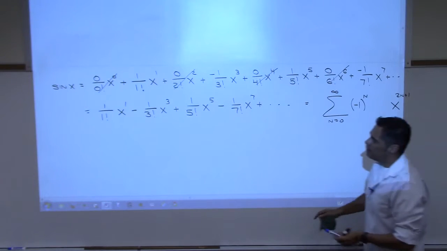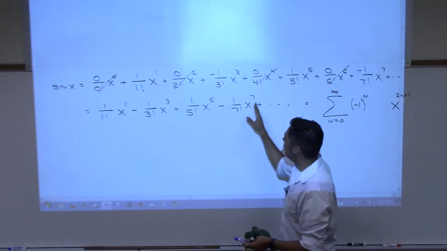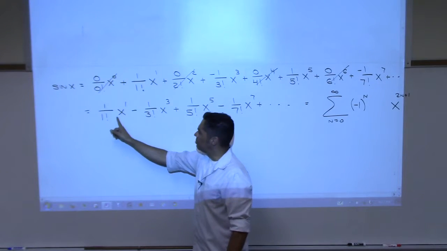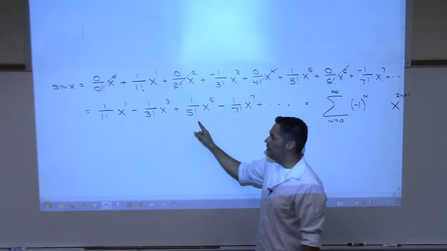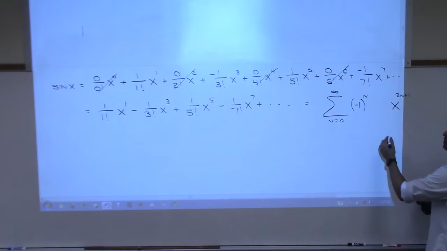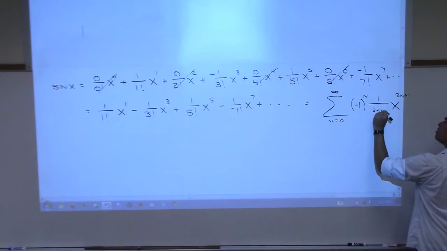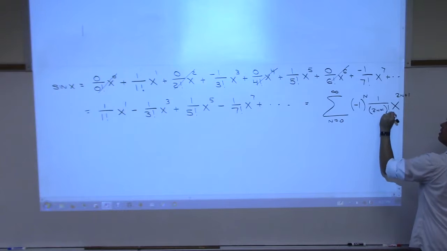So we've got the alternating part taken care of, and the powers on x taken care of. And now I just need these factorials. 1 factorial, 3 factorial, 5 factorial, 7 factorial. Odd numbers again, right? So I just need to create odd numbers. How about this? 1 over 2n plus 1 in parentheses factorial.